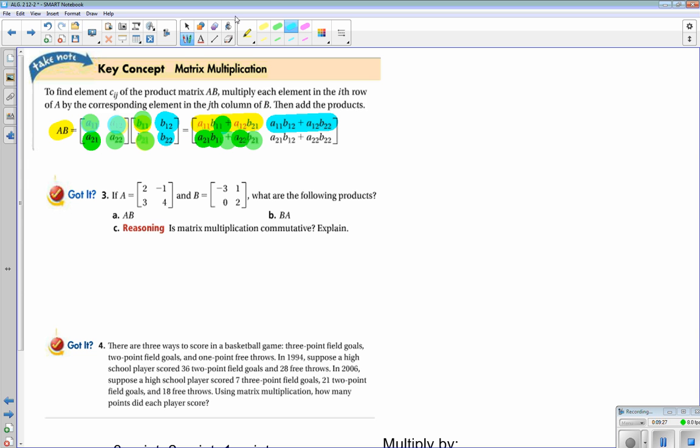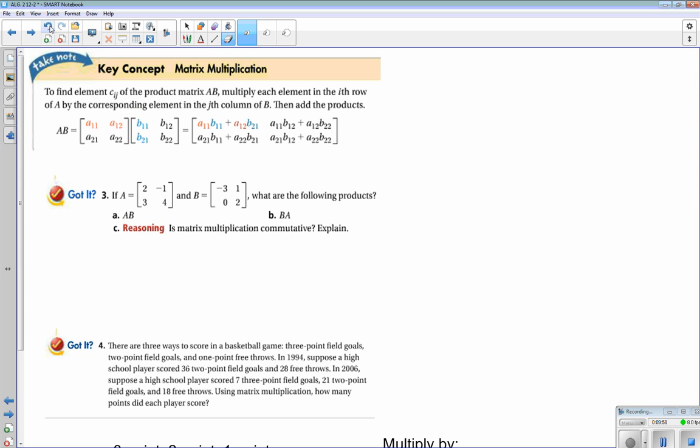Then last but not least, to get this guy here, I go this one and this one plus this guy and this guy. When I do all that, the resulting matrix is the product of those two. Delete all this so that you guys can read it.